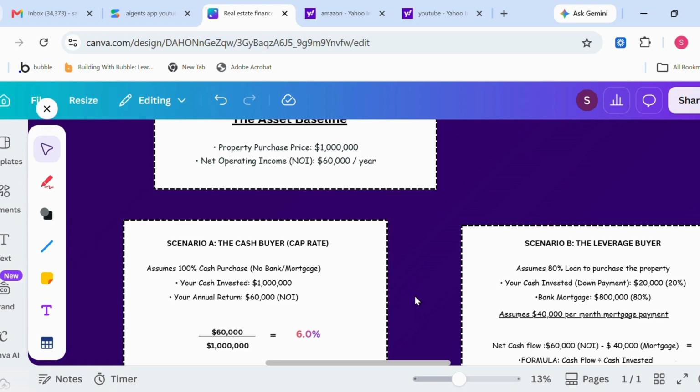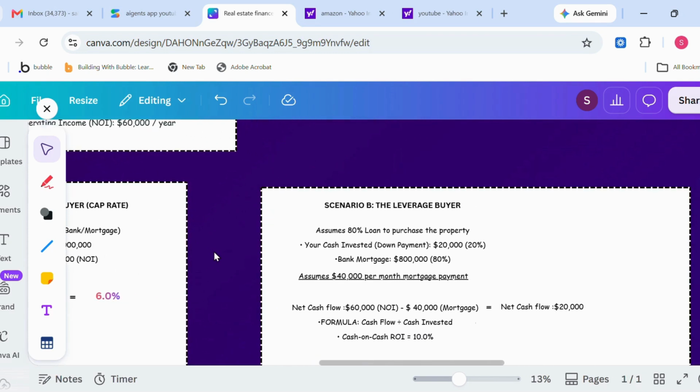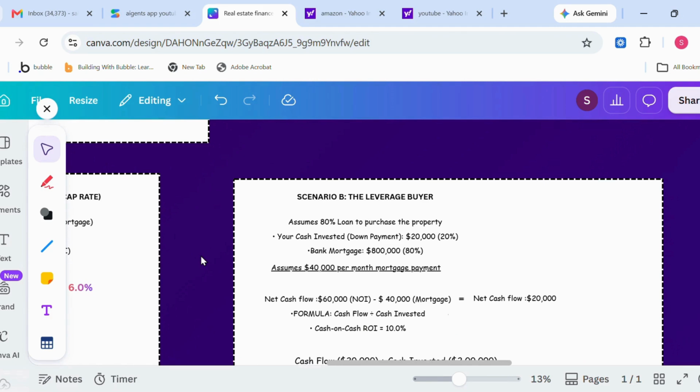So let's recap scenario B again. When you're a leverage buyer, assume you have taken an 80% loan to purchase the property, because a bank never finances 100% of the property. So your cash investment, the down payment, is 20%, and the bank mortgage is 80%. So we assume there is a 40K mortgage payment.